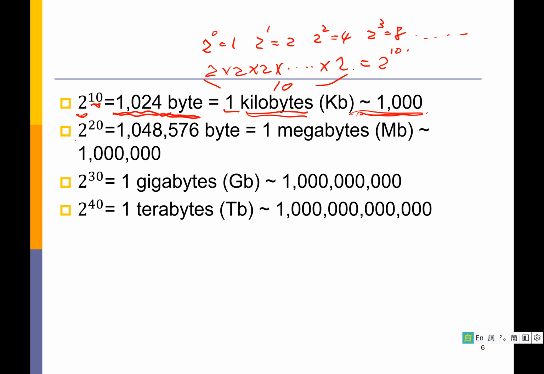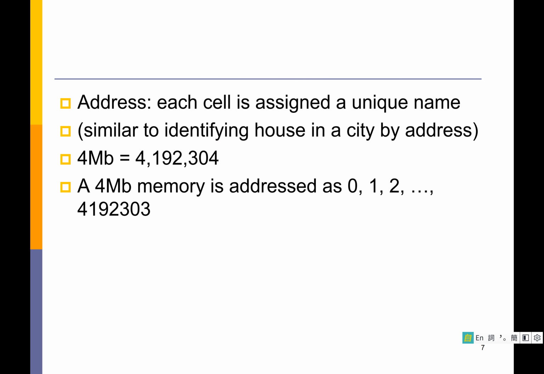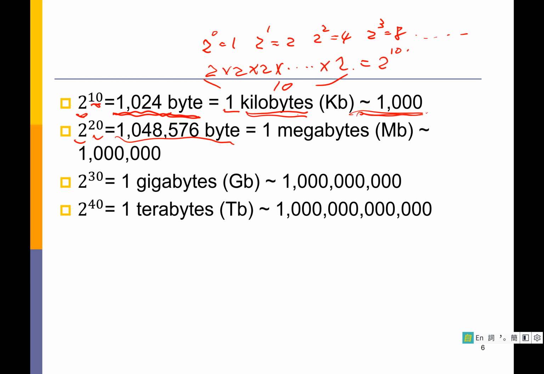And 2 to the power of 20, which is a 20-bit number, is 1,048,576 bytes. In computer terminology we call this number 1 megabyte, or 1 MB for short, and approximately it is 1 million bytes.